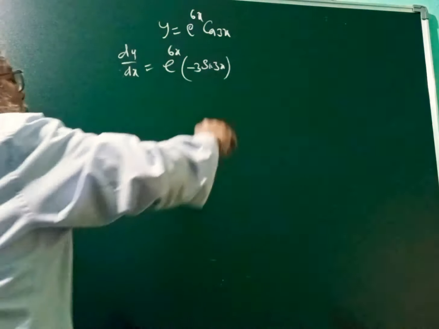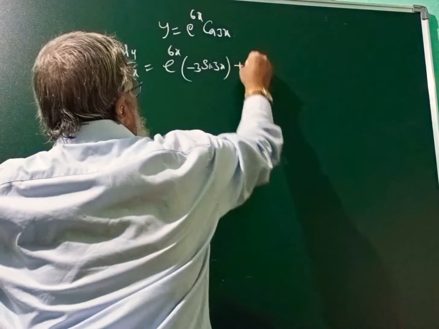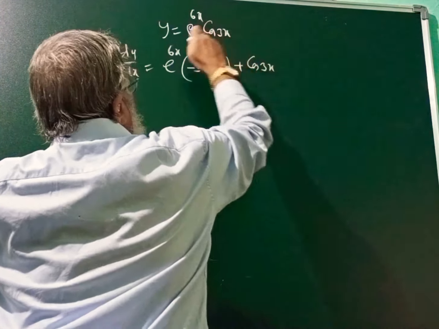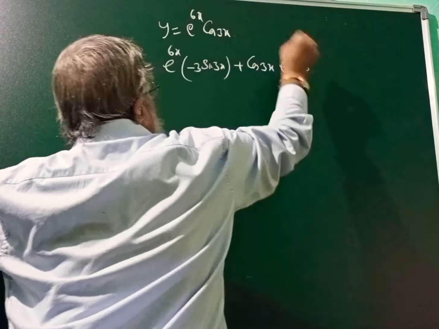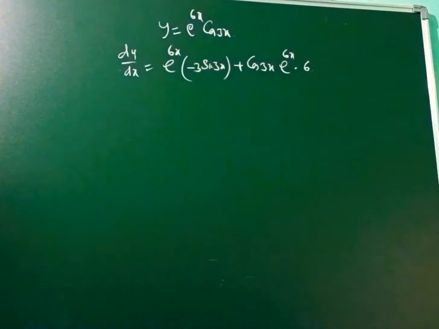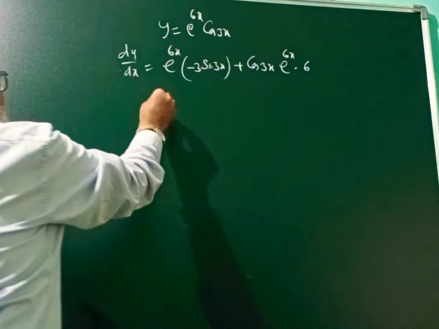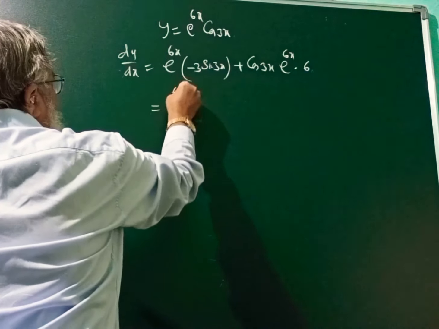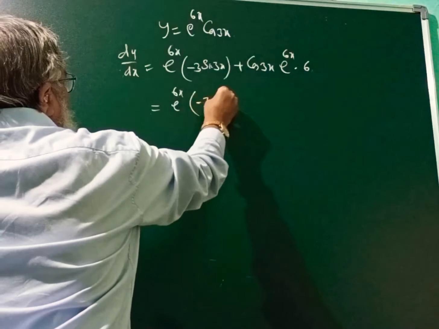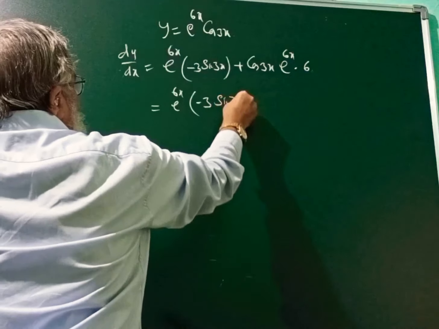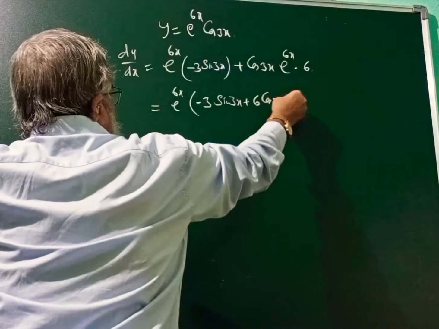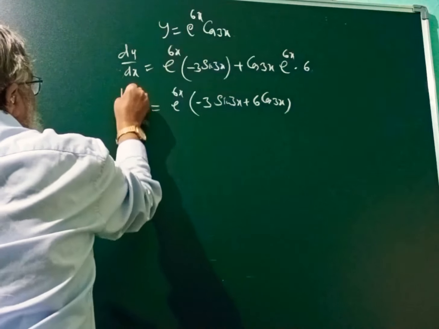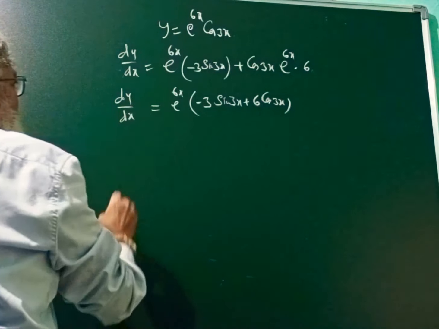Now plus second function as it is, differentiation of e raised to 6x is again e raised to 6x only, and differentiation of 6x is 6 into 1. So we can take e raised to 6x common, we get minus 3 sin 3x plus 6 cos 3x, that is the first differentiation dy by dx.